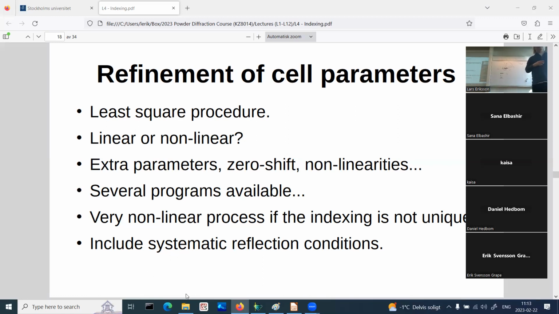The space group determination procedure in HiScore is perhaps not optimal. You will get a lot of choices.